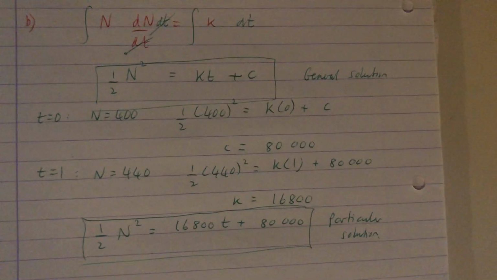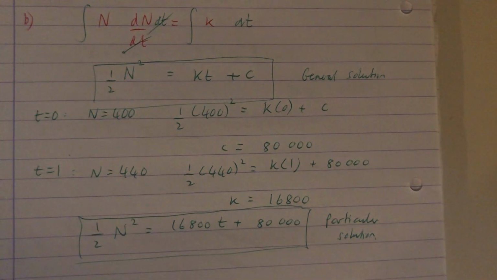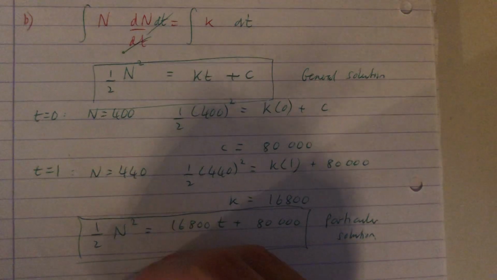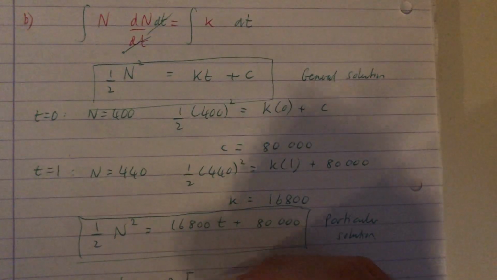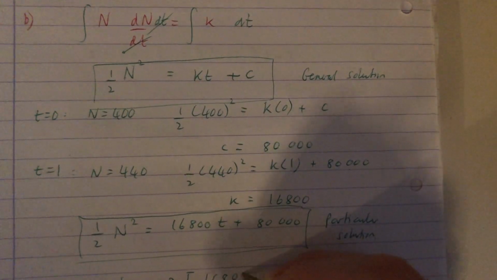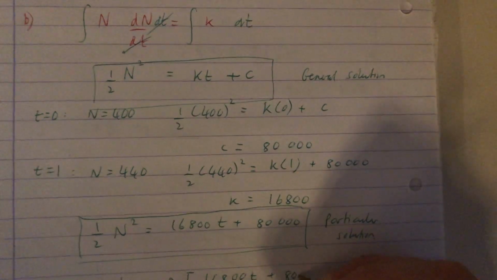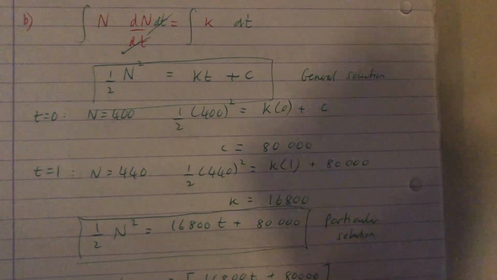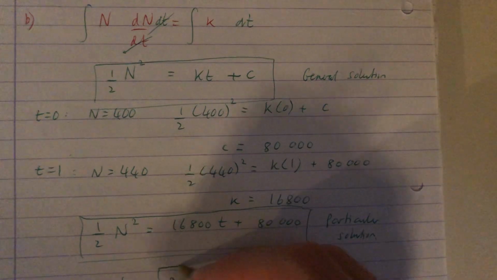Now, just to check to see if I've answered the question correctly, they want to find n in terms of t, which is another way of saying make n the subject. So if I want to make n the subject, I times by 2 and square root. So n would be equal to times everything by 2, and then square root.